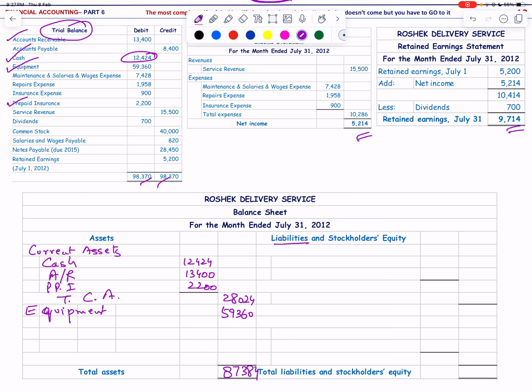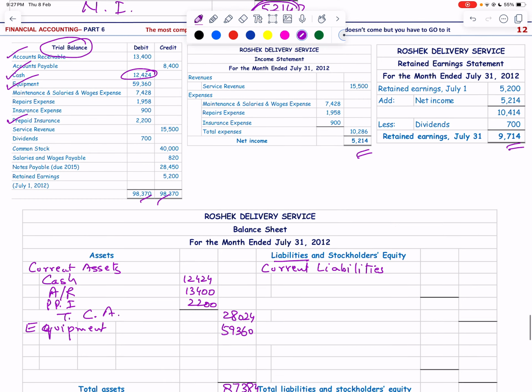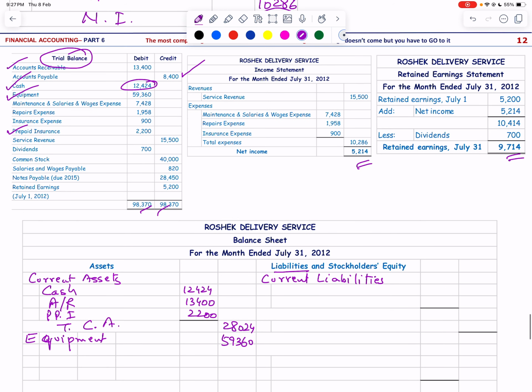Next we prepare the liabilities. So first of all, we start with the current liabilities, and in the current liabilities we have accounts payable for 8,400, and then we have what else? We have salaries and wages payable 820.